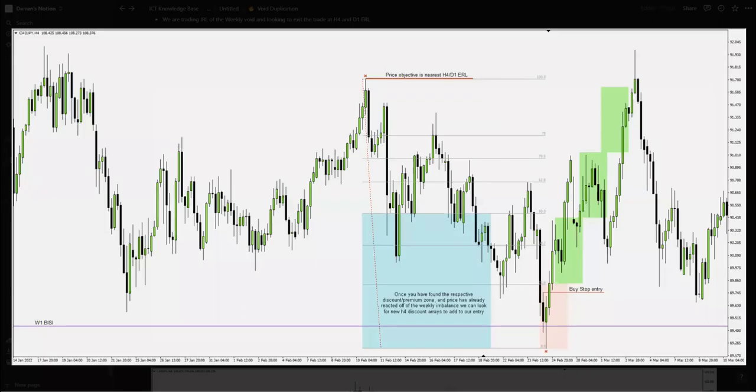So you can see here, we have a weekly buy-side imbalance. And based on where price came from and traded lower, it is here that we pay attention. So we set an alert when it gets there.